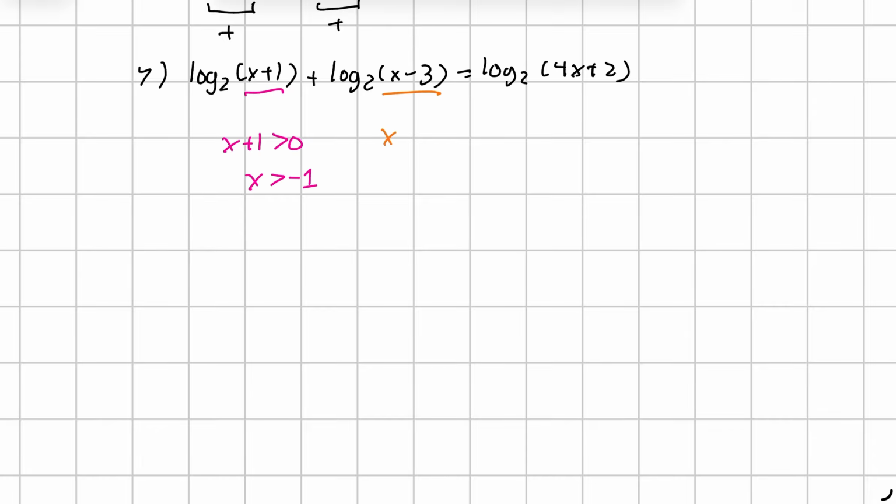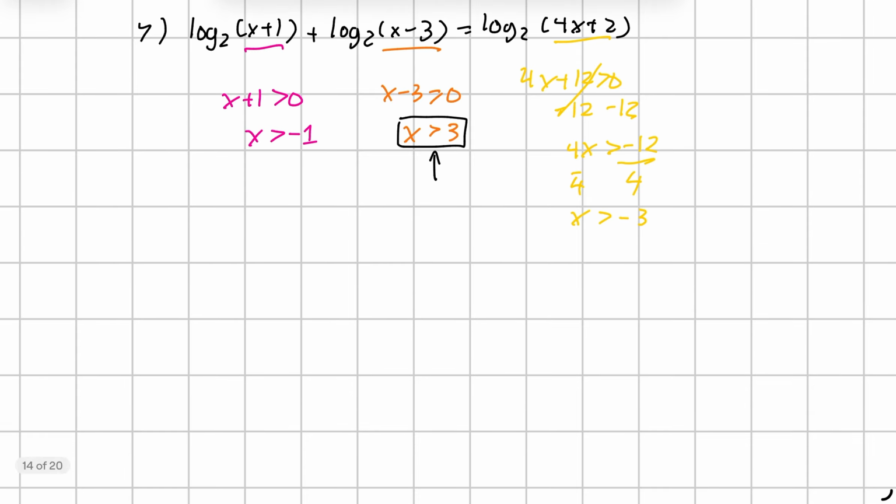We have x minus 3 greater than 0, so x has to be greater than 3. Finally, 4x plus 12 has to be greater than 0, so subtracting 12 from both sides, 4x is greater than negative 12. Dividing by 4, x must be greater than negative 3. So our strictest requirement is this one, so we're going to test against x is greater than 3.